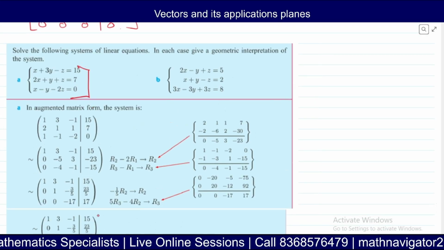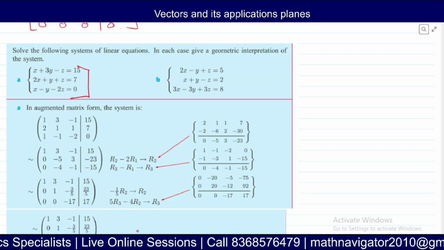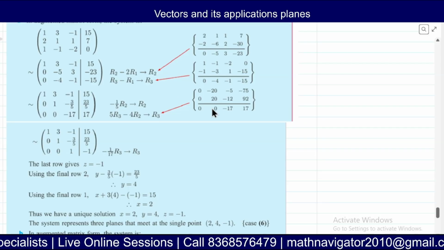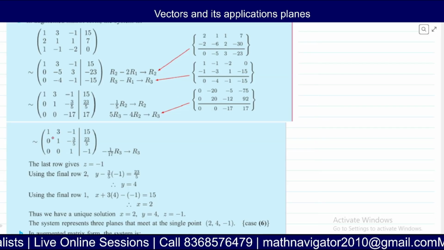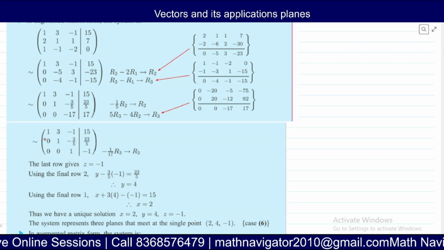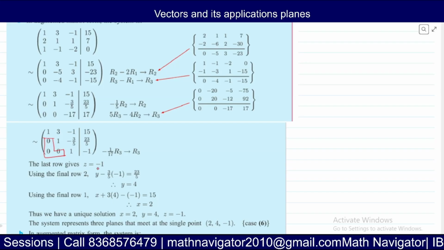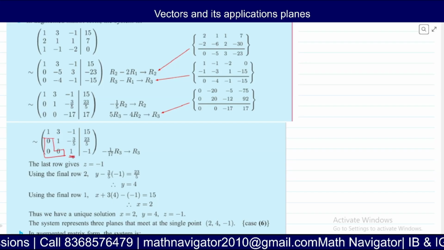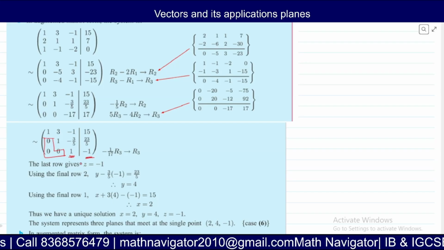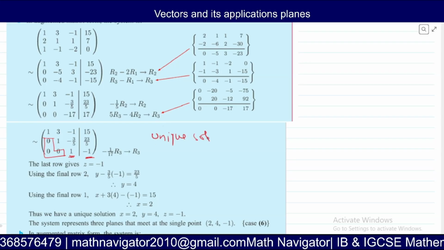These are the row operations which are being done, which I've already explained in the video on augmented matrix. So the final result which I'm getting is this. Got it? If I get a result like this, this is the triangle of zeros which we have got. And then here I have got this. So this is the case of unique solution.